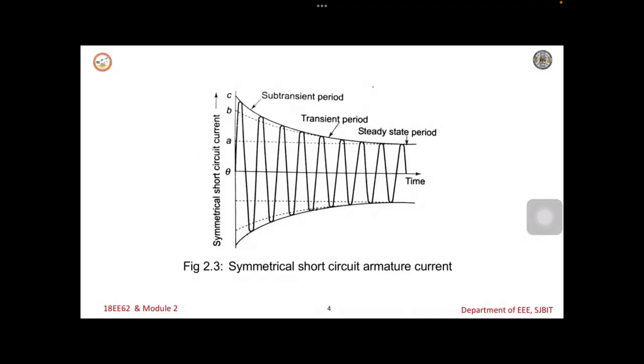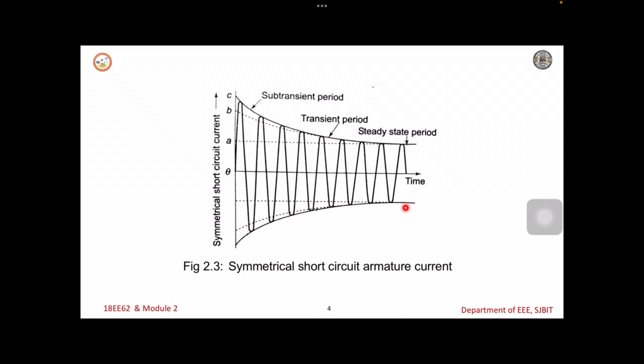First we will see the no load case. If no load is connected across the synchronous generator terminals, and you consider a short circuit at those terminals, then what will be the short circuit current wave shape with respect to time? This is the short circuit current in the armature circuit at the time of fault.